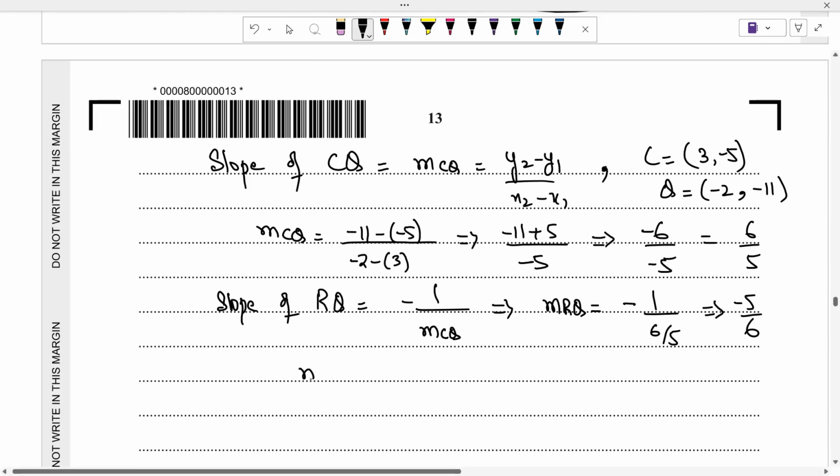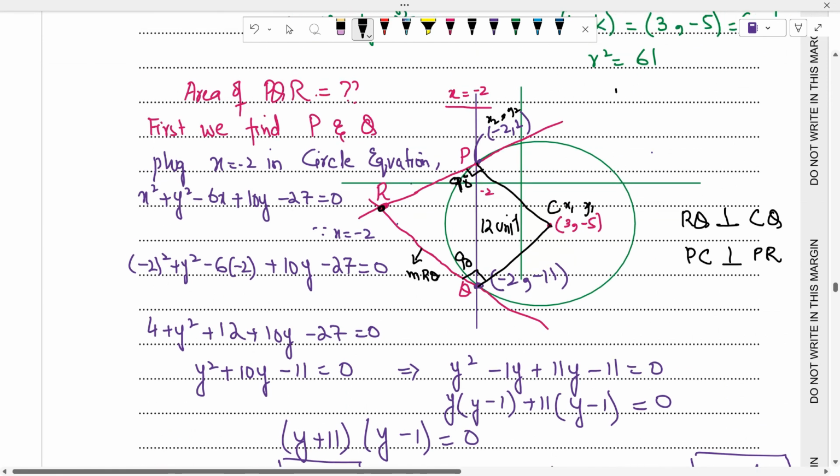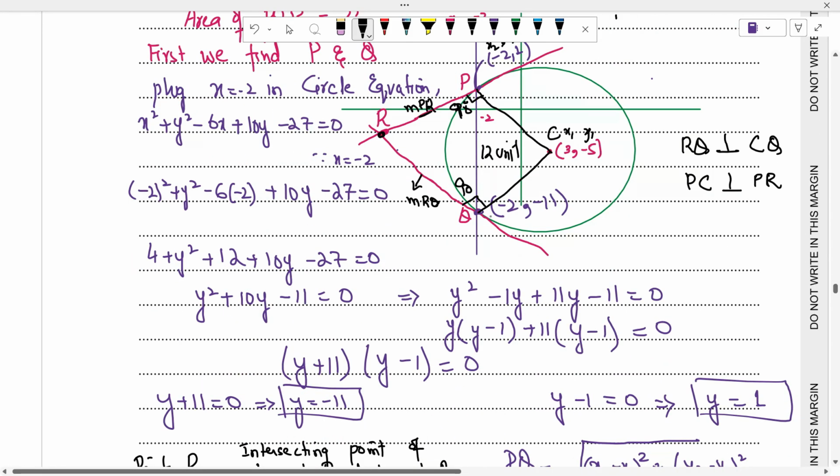So we can say that the slope of RQ is equal to negative 5 over 6. Now we have the slope MRQ, and this slope MPR, and we have the points P and Q also.